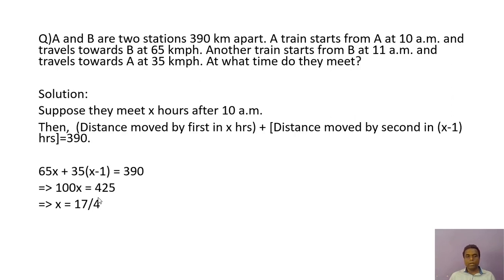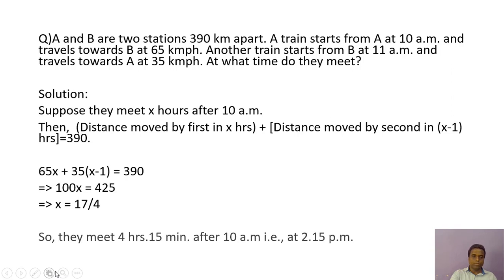See, we have added two different distances. 65 into x. What is the x? Time. So 65 is speed. Time into speed is distance. So what do we get as the value of x? 17 by 4. So the answer is 17 by 4.